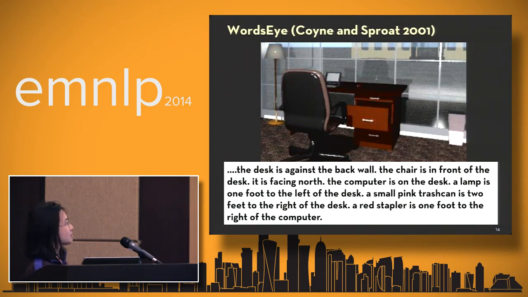But in this scene, you will notice that the language used to describe it is fairly verbose. In addition, it contains some unnatural language, such as indicating the chair has to be facing north, and that the stapler is 1 foot to the right of the computer. This is not language that we typically use when describing things.